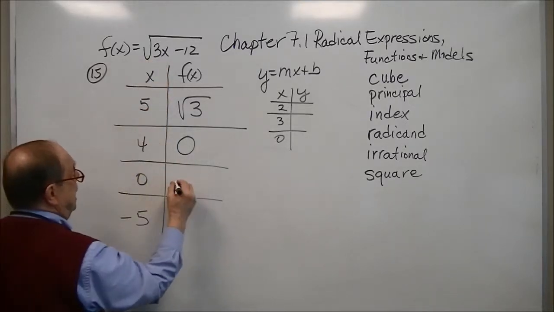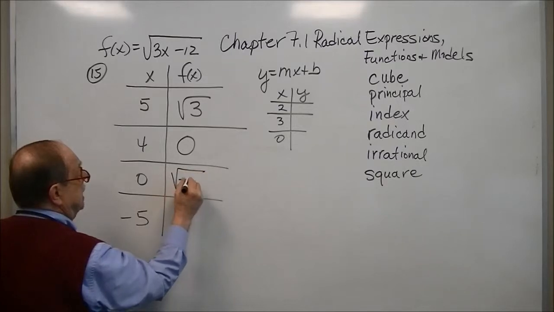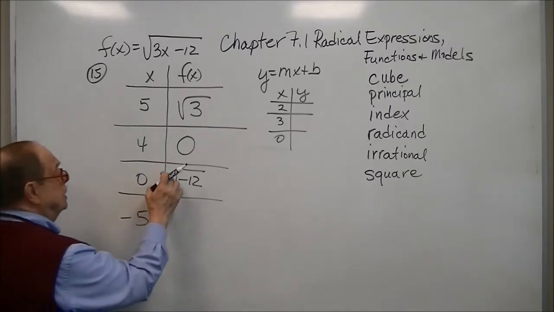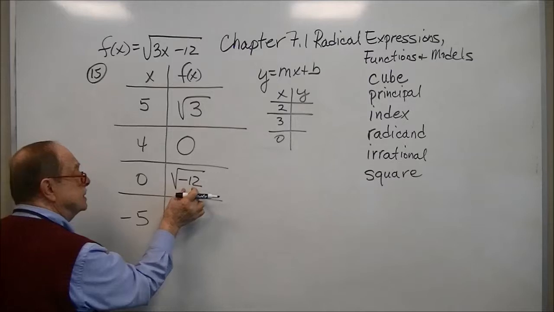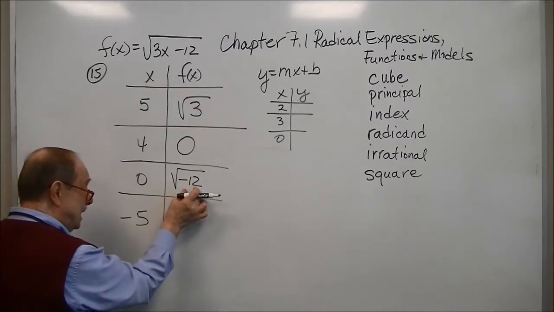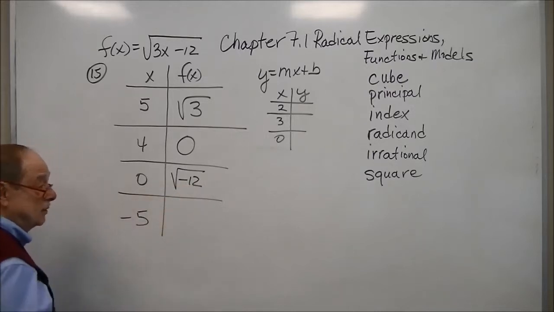So we have under the radical the square root of -12. And here's where a very critical thing happens. For the square root, is there such an animal or a number that is the square root of -12?